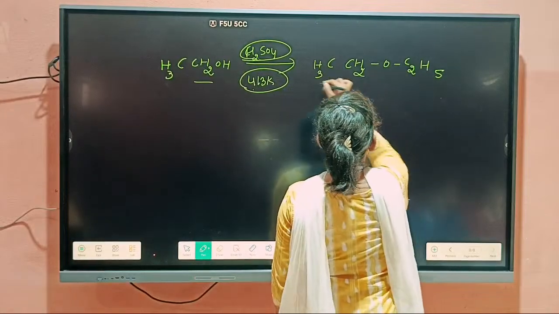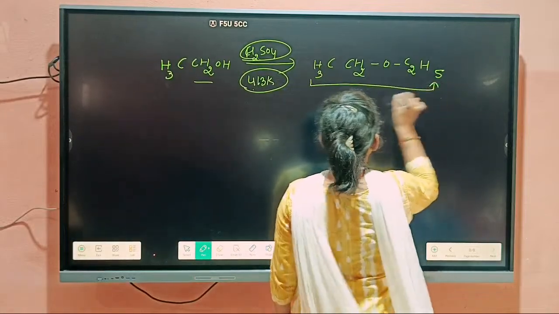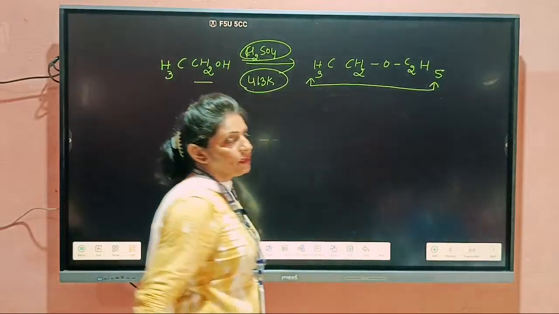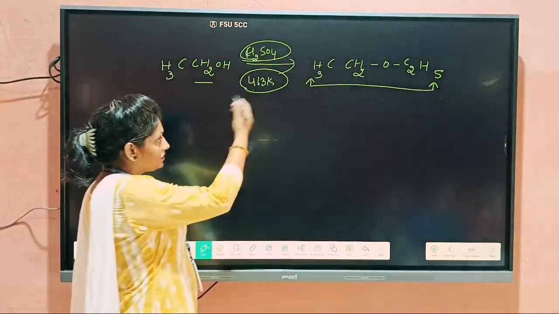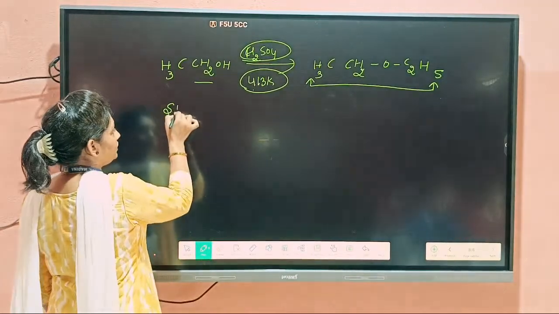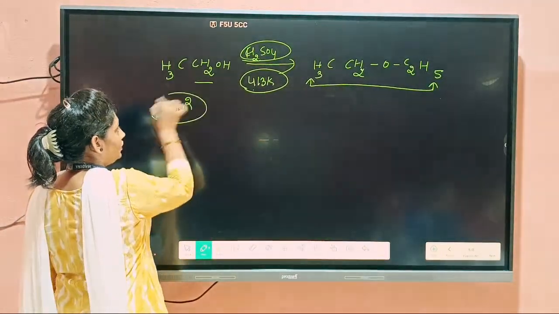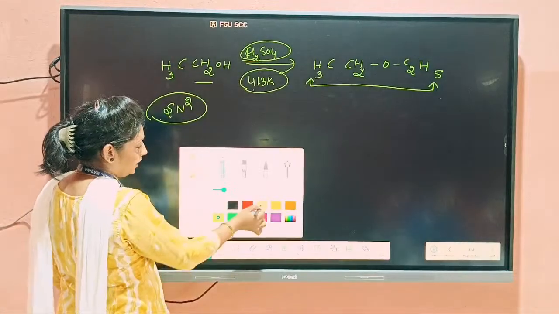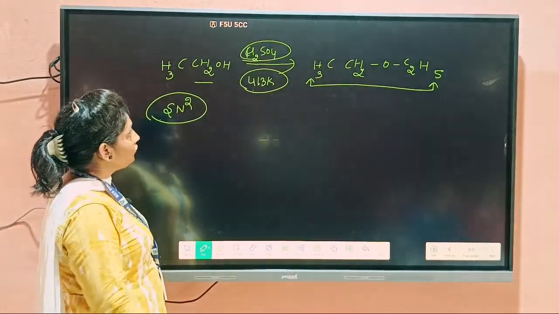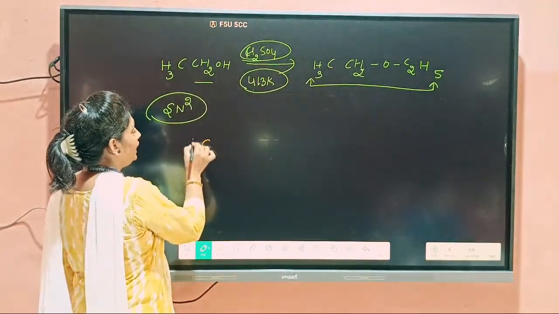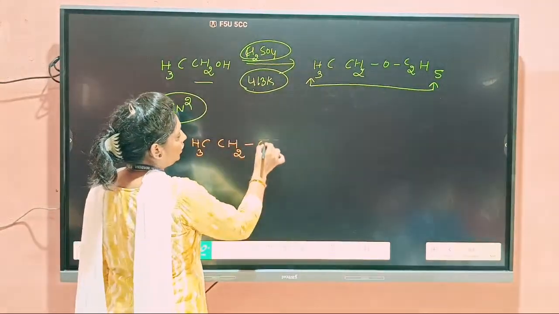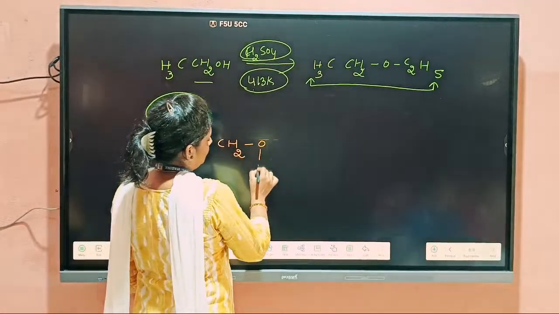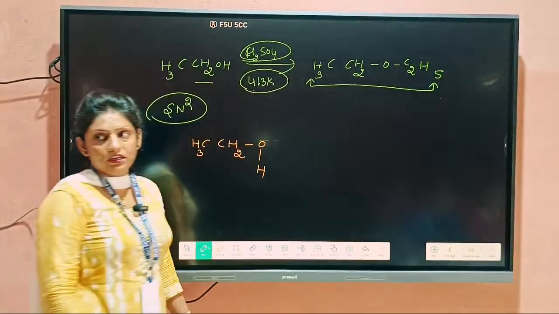This reaction is more suitable for the preparation of symmetrical ether. Students, this reaction follows the SN2 mechanism. You can see the mechanism of the reaction. First of all, we have alcohol. Here we are taking ethanol.